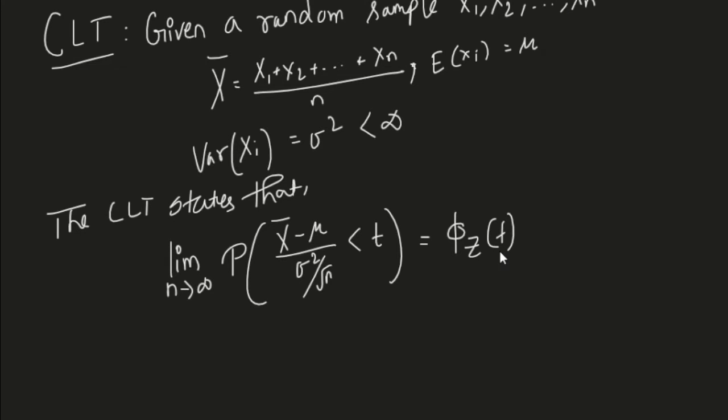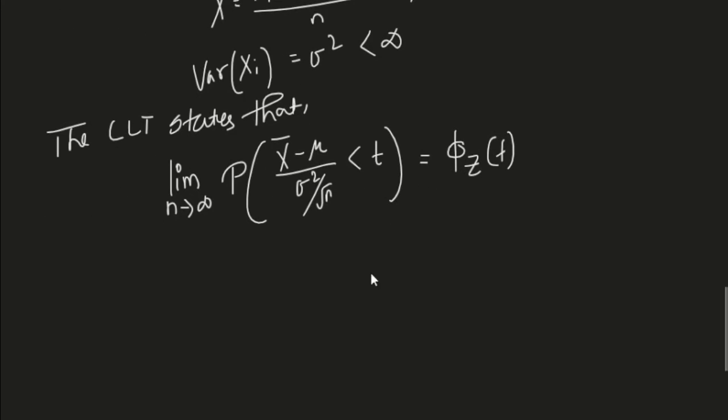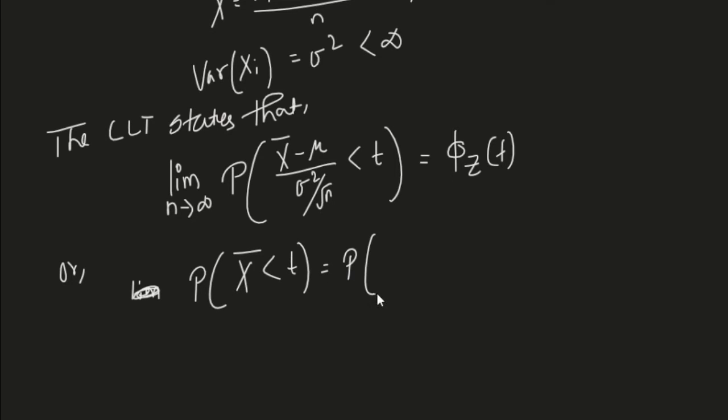Or in other words, you can write it like this: probability of x bar less than some t can be written as probability of z, where z is a standard normal variable, less than t minus mu by sigma by root n, not sigma square.